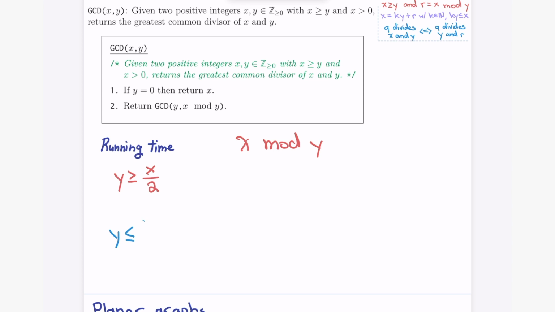What if y is at most x over 2 first? Let's do that first. Okay, so then that remainder is going to be at most half of x over 2. So you're making a lot of progress now. And now, what happens if y is at least x over 2?